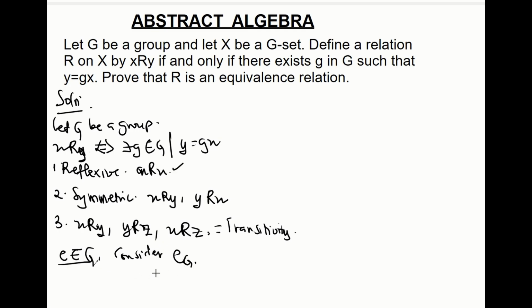If you consider the identity element in G, what does that mean? So e composed with x, where our x is from the G-set, gives us x.